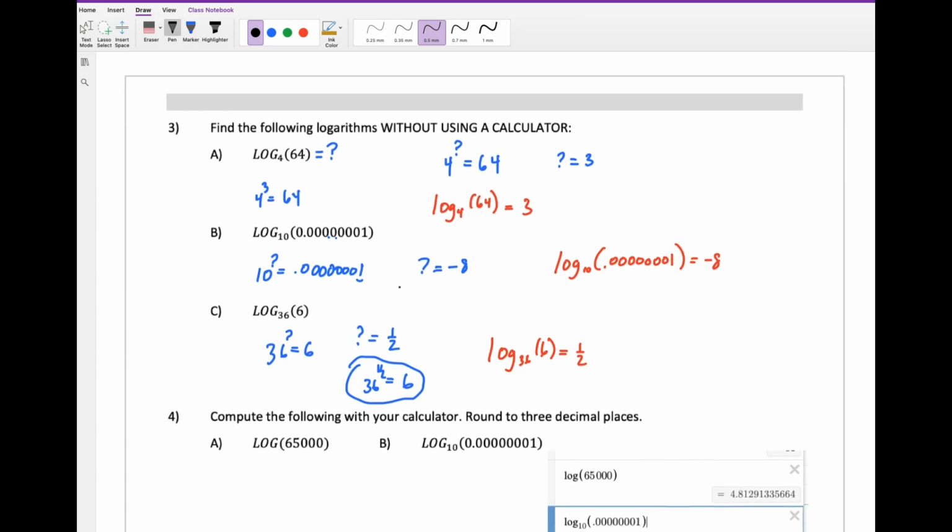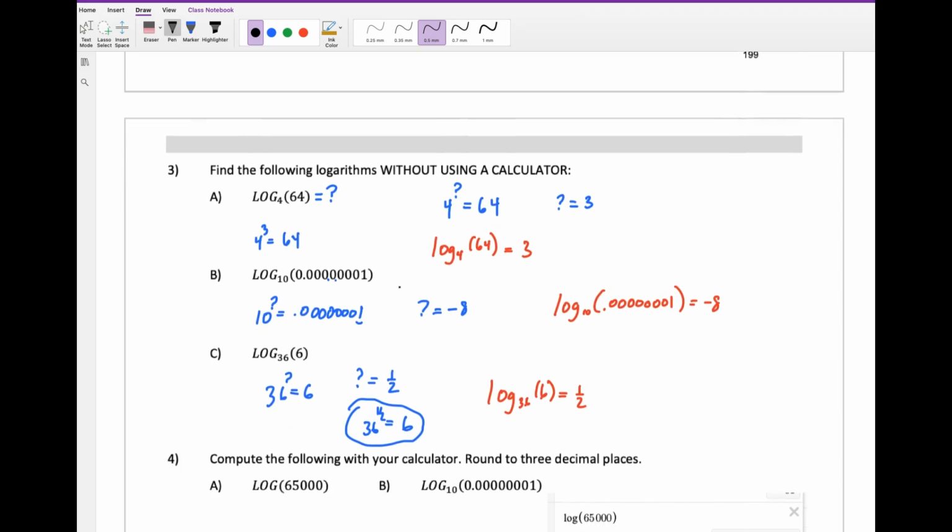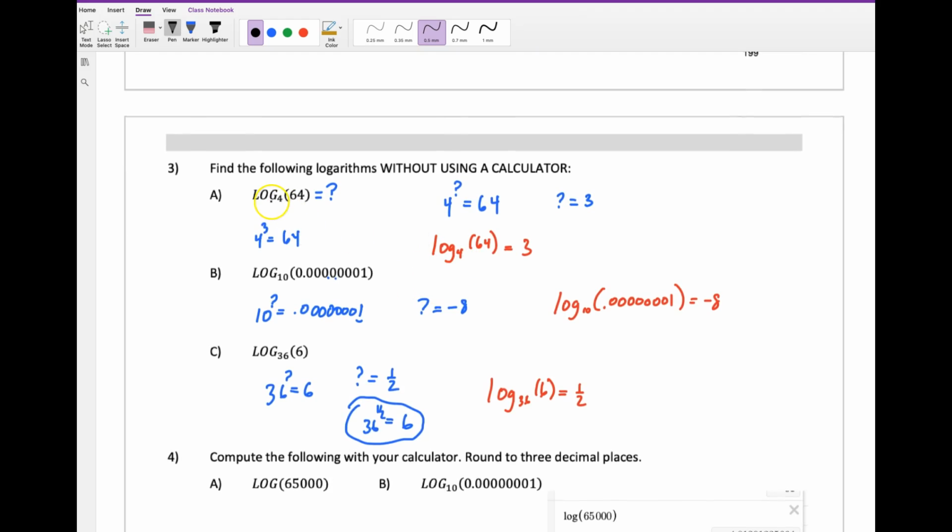Let's take a look at a few more without a calculator here, so you can see the answers here. 4 raised to what number equals 64? That's what this question is asking. That number turns out to be 3. And so log base 4 of 64 equals 3. Why is that? It's because that's true also. 4 to the power 3 is 64.